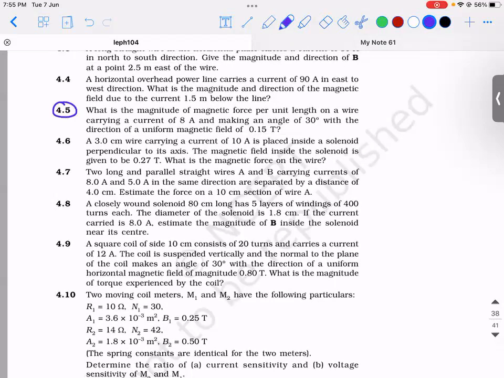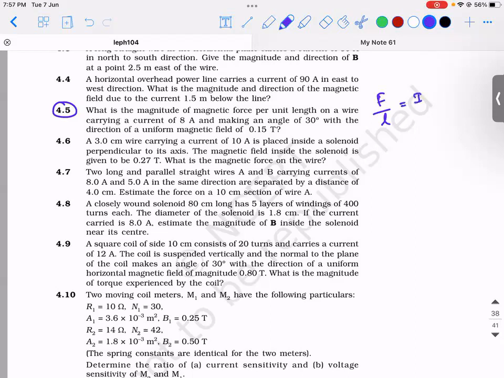Let's try out 4.5. So what is the magnitude of magnetic force per unit length?